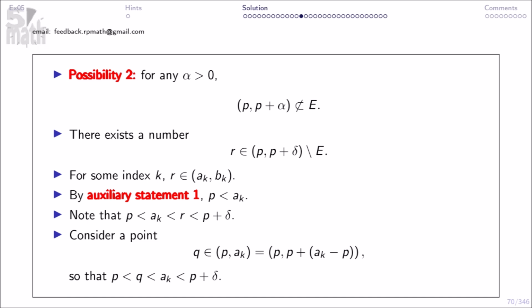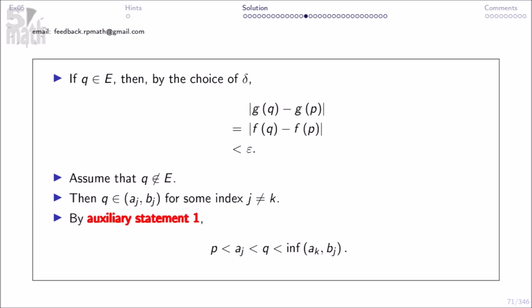Possibility 2. For any alpha greater than 0, this, there exists a number r here, r in (a_k, b_k) for some index k. By auxiliary statement 1, p < a_k. Note that p < a_k < r < p + delta. Consider a point here so that p < q < a_k < p + delta.